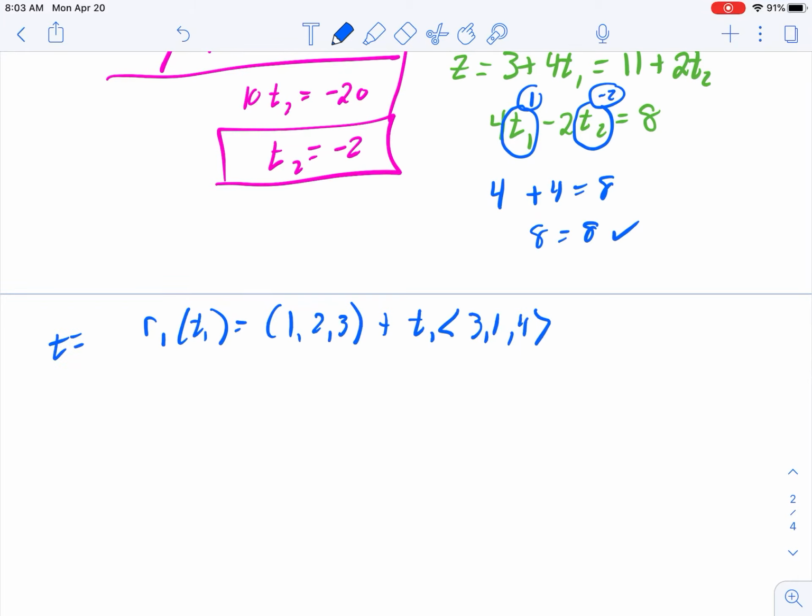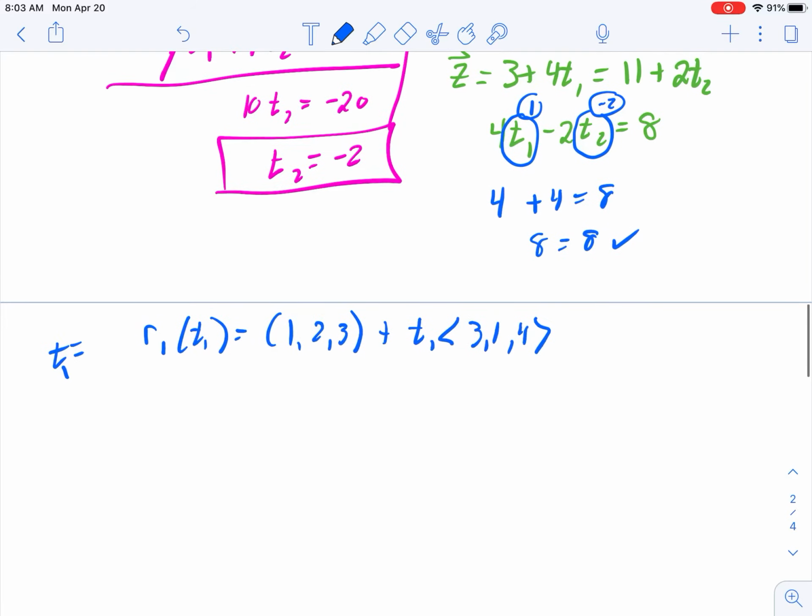So using the time of T1, my T1 was 1. So my x component would be 1 plus 3, so it would be location of 4. My y component would be 2 plus 1, so it would be 3.